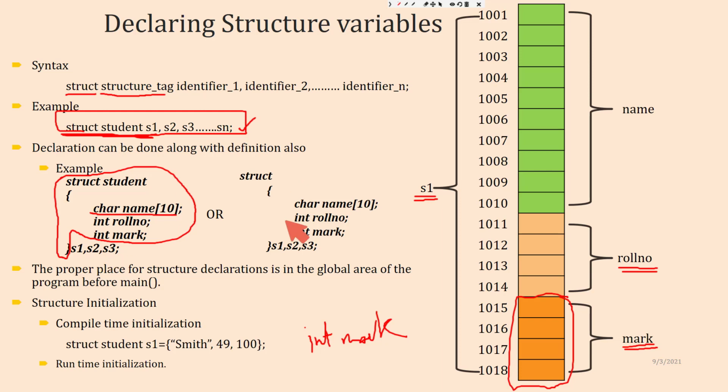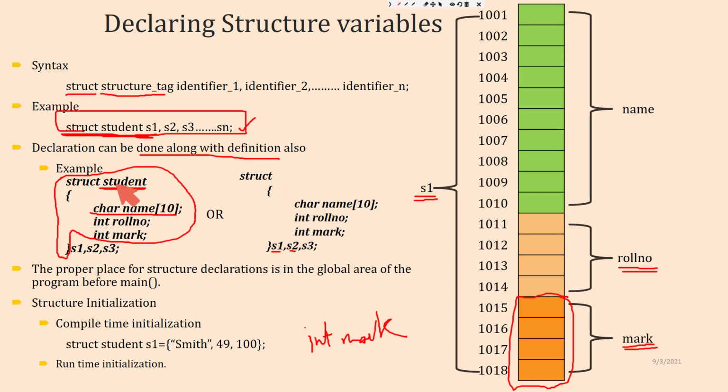Another method is also there. If I declare it along with the definition, we can even avoid the structure name, the structure tag. Because by looking at S1, we know S1 can store a string, a roll number and a mark, and S2 can store a roll number, mark and name.